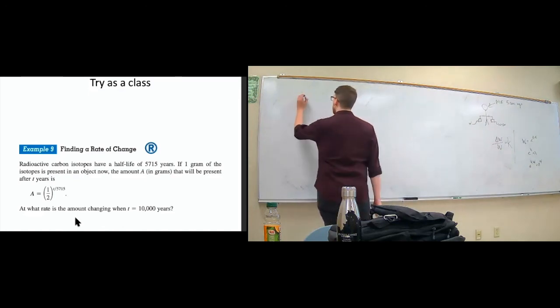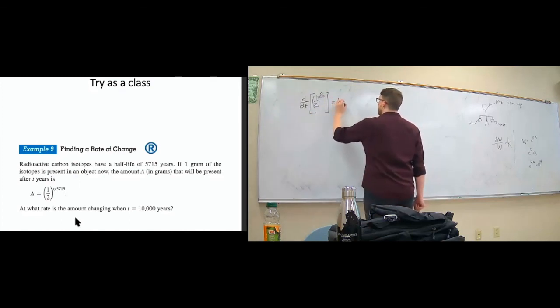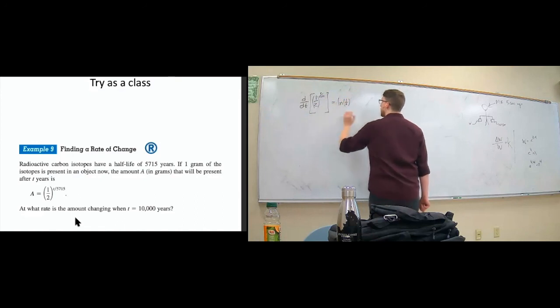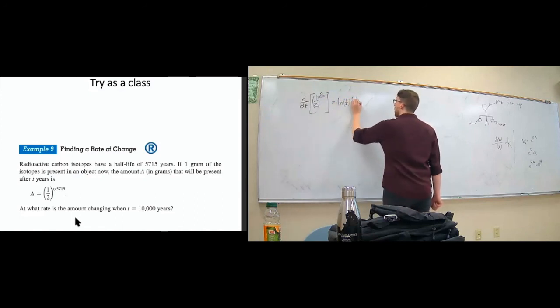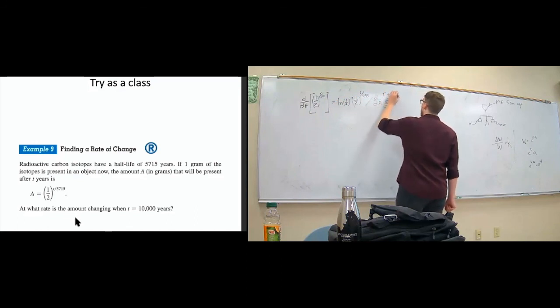Well, the derivative of 1/2 raised to the t over 5,715, my mistake, is going to be equal to the ln of 1/2 times 1/2 raised to the t divided by 5,715 times the derivative of t over 5,715. Got it right that time.